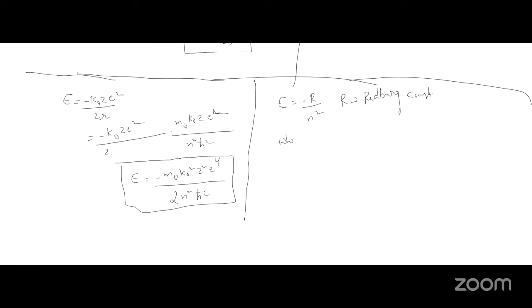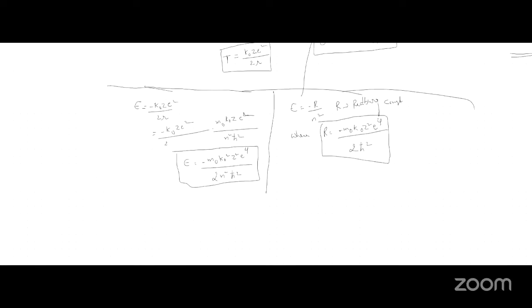R equals minus M naught K naught Z square e to the power of 4 by 2 times H dash square. So this is the value of R, where R equals 2.179 into 10 to the power of minus 18 joules.